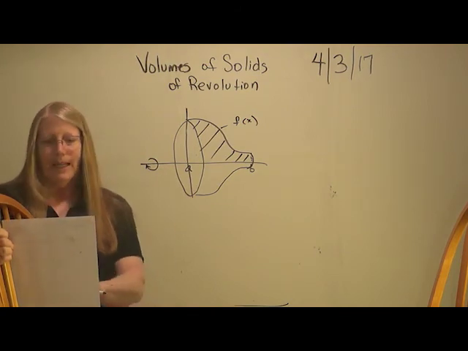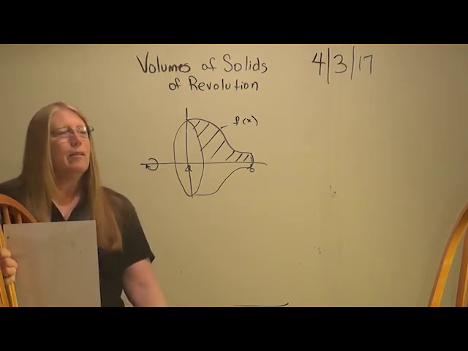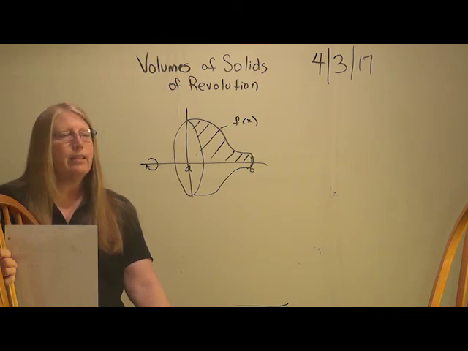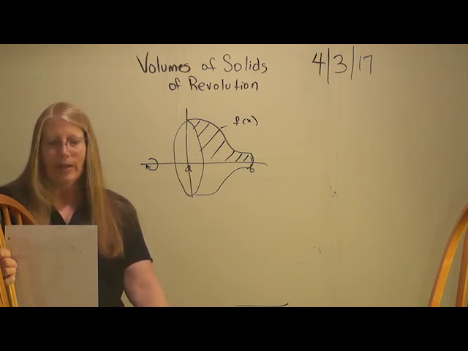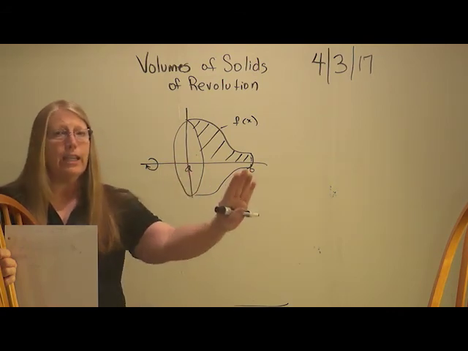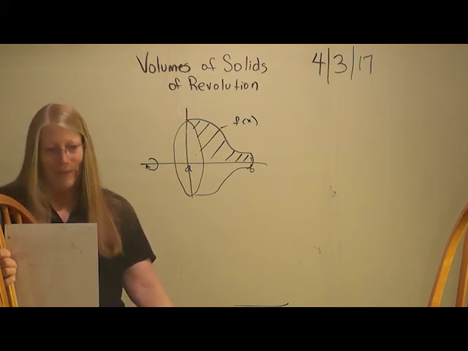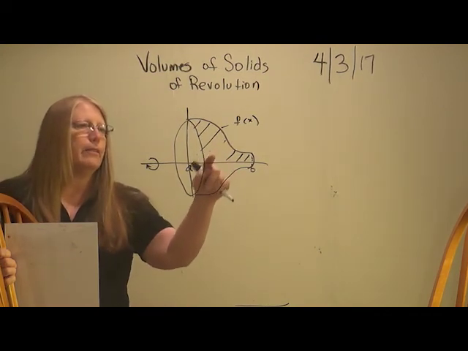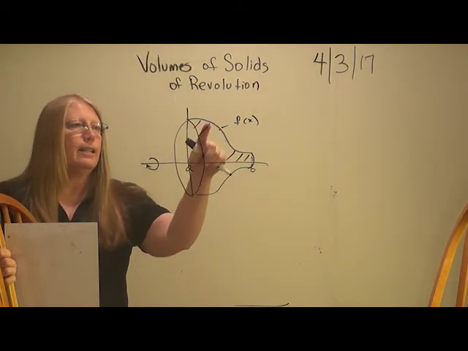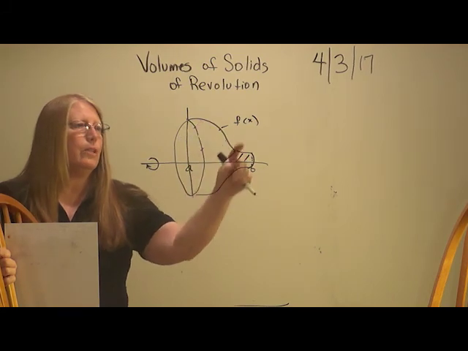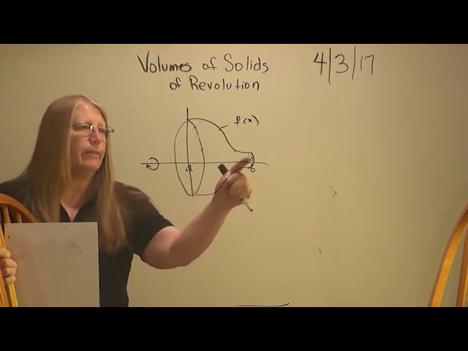But anyway, in industry, there's lots of shapes that have to be made, and we have to know the volume so we know how much material. This is solid, so we have this volume of a solid from a revolution of an area under a curve. Alright, so let me get rid of these little lines so you can see what I'm going to do next in a more clear way.